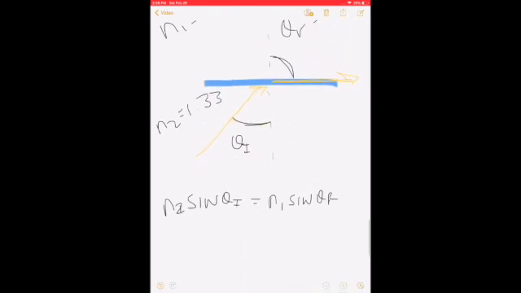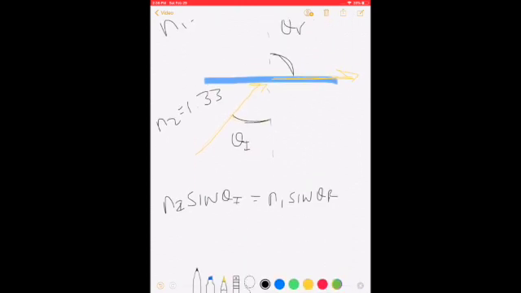Okay, so we are going to look for the angle of incidence, which once the refraction hits 90 degrees, our angle of incidence is equal to what we like to call our critical angle, or theta C.